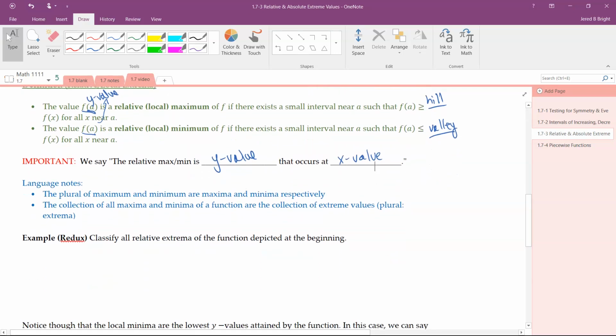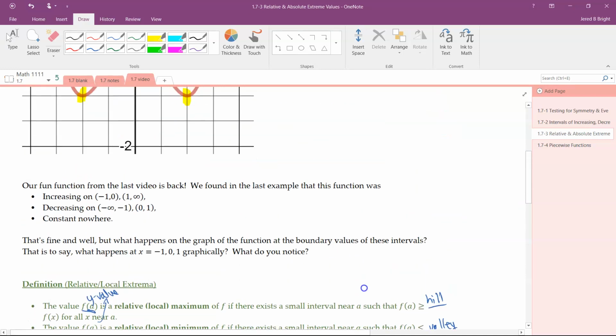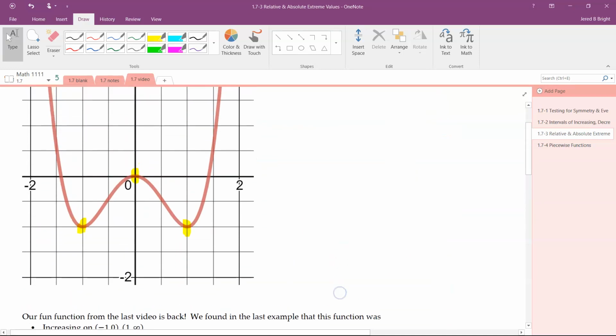Okay, so now we want to go back and talk about the extreme values in our original example. So at -1, when x is -1, the y value is -1 here, and we see that near that value, it's the lowest value in that region.